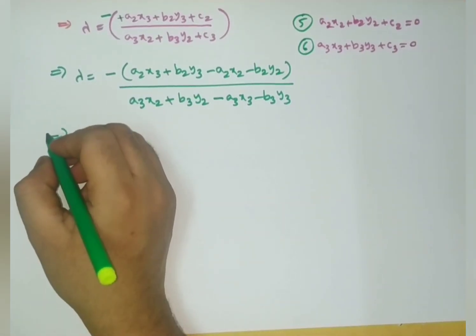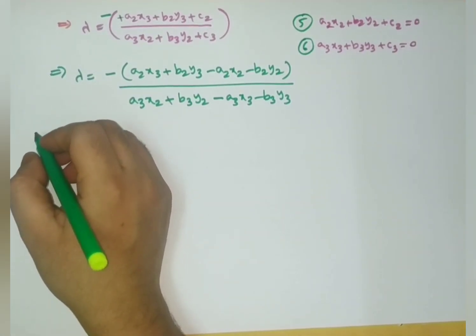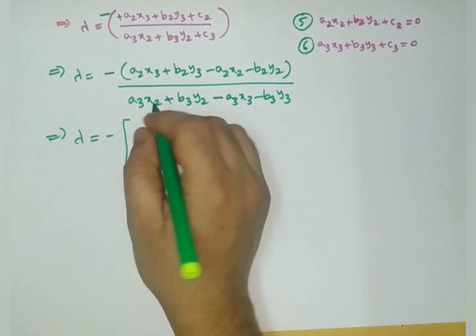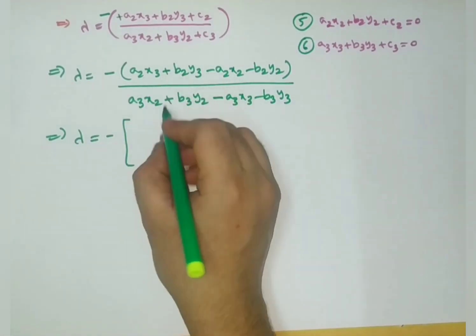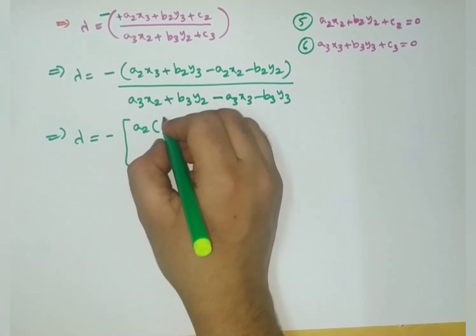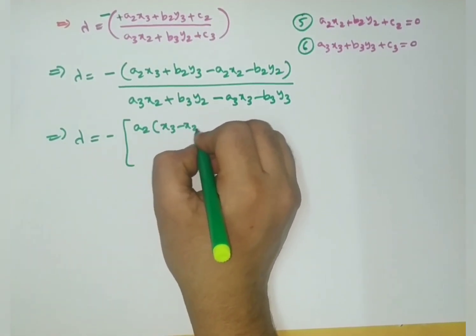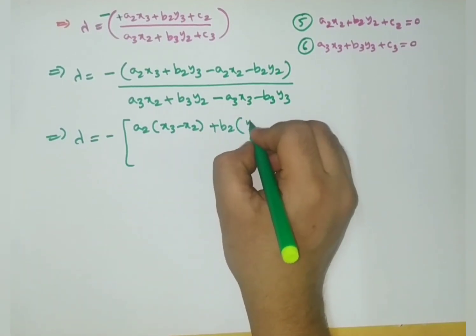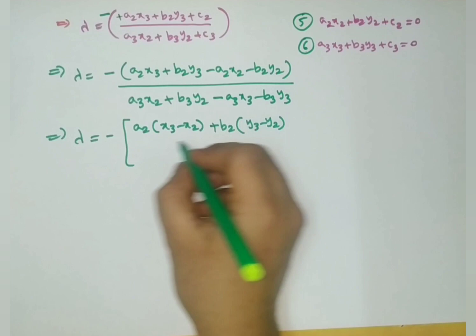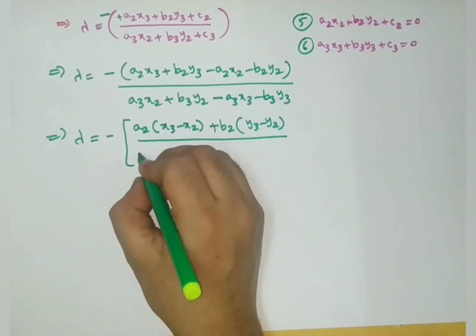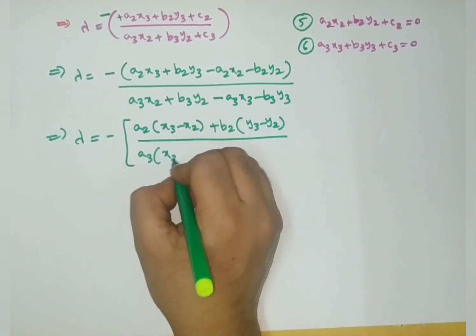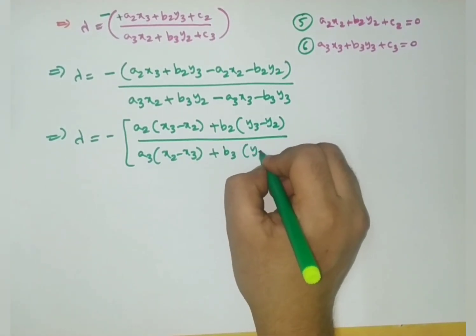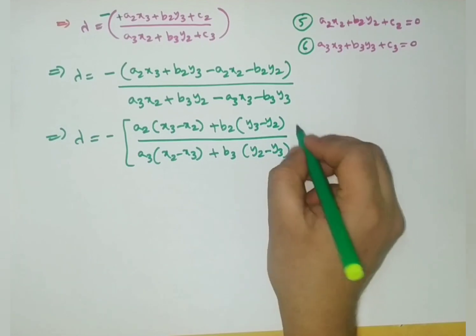So that implies, by simplifying this, what we will get? Lambda is equal to minus of, here let us take the a2 from these two terms, a2 into x3 minus x2. Next, in remaining terms, let us take the common plus b2, y3 minus y2, by here a3 into x2 minus x3 plus b3 into y2 minus y3.